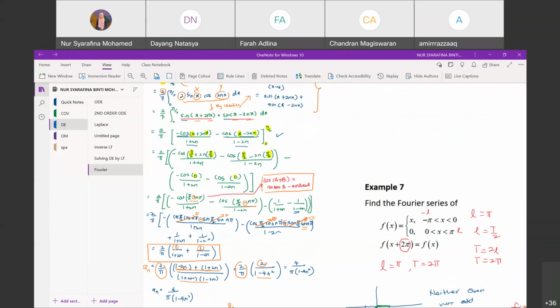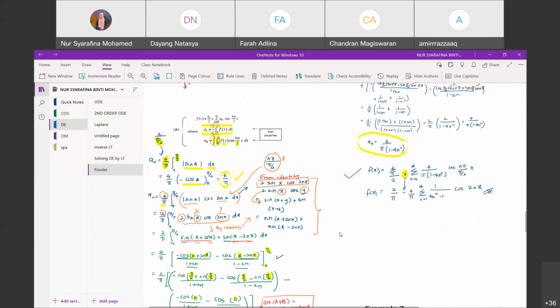Alright, so for Firdaus, here we have sine x cos 2nx, right? Initially, we have sine x cos 2nx, but we have the identity of 2 sine x cos y equals sine x plus y plus sine x minus y. So now we have sine x cos 2nx.